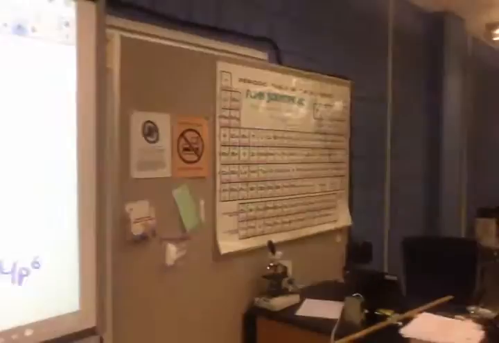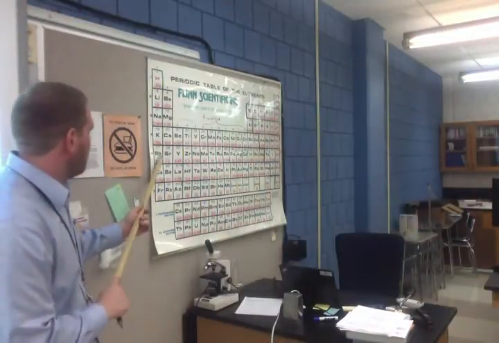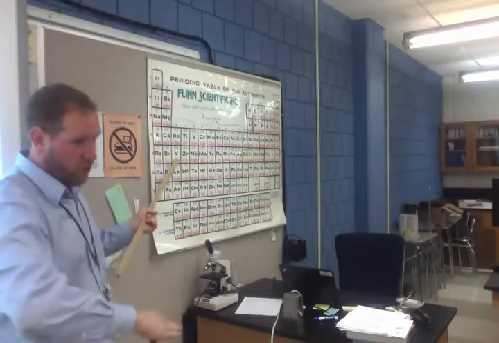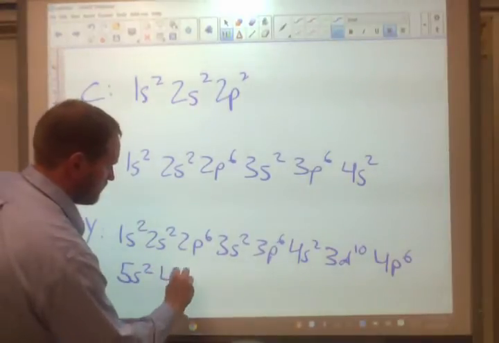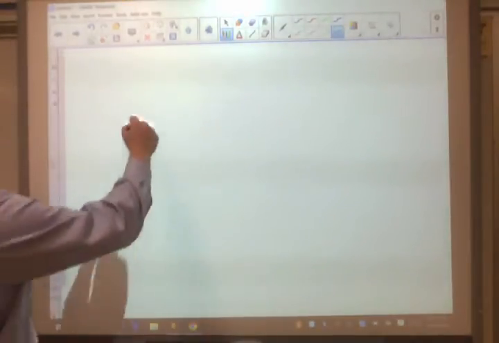And now if you look over here, we have just one electron left to fill. Because here's your 5s2, and here's yttrium. So we just end this with 4d1. Just like that.